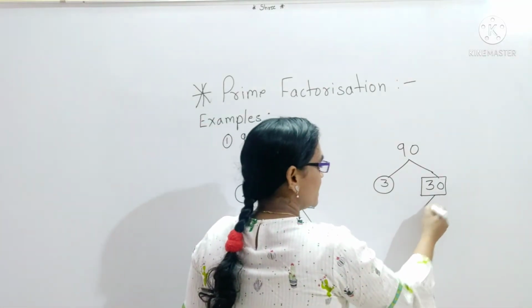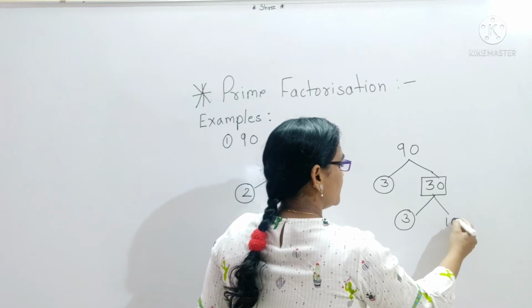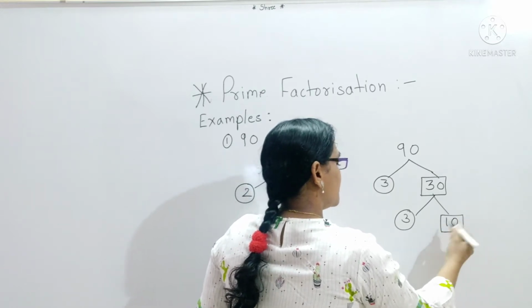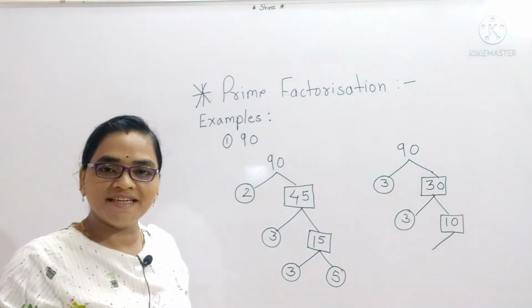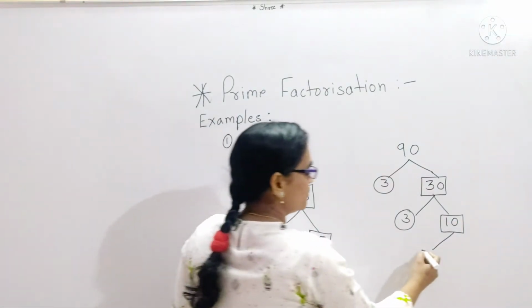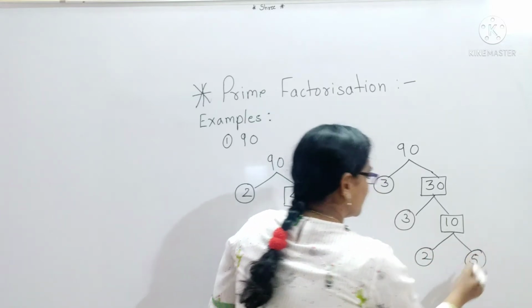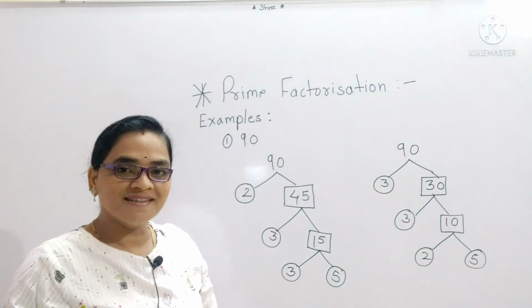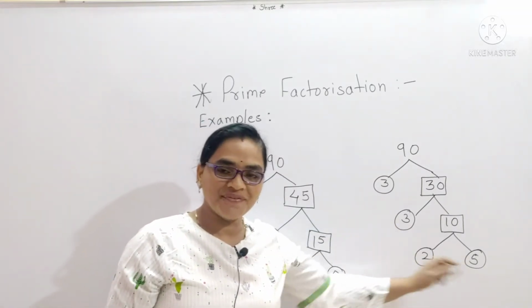Then 30 is again divisible by 3. 3 ones are 3, and 3 tens are 30. Again, 10 is divisible by 3? No, it is divisible by 2. Then 2 fives are 10. Now which factors did we get? 3, 3, 2 and 5.